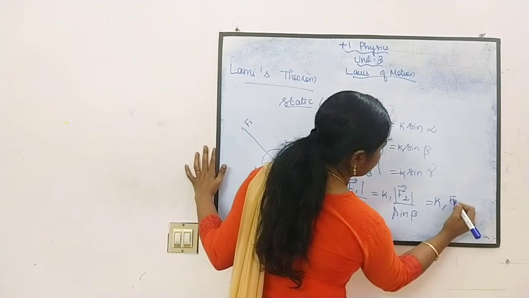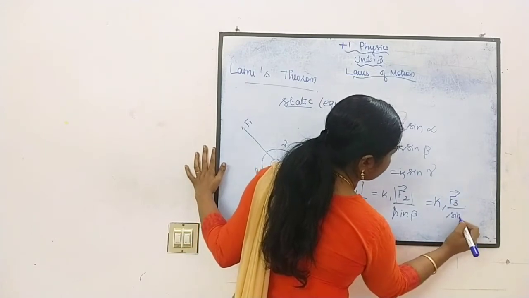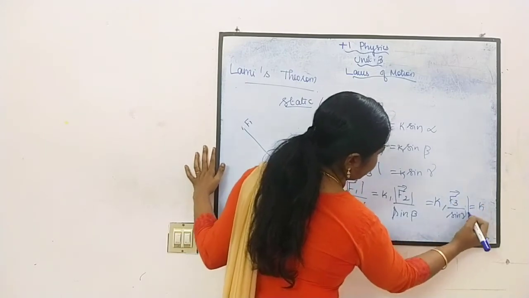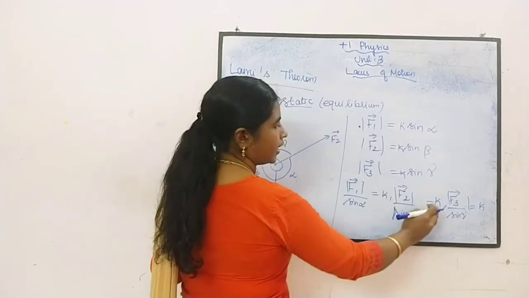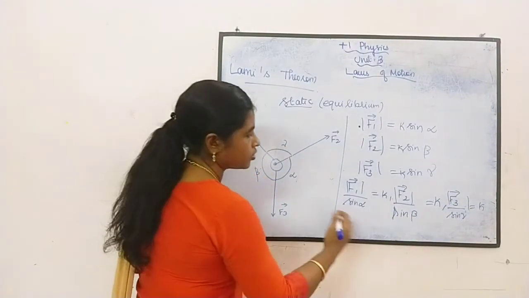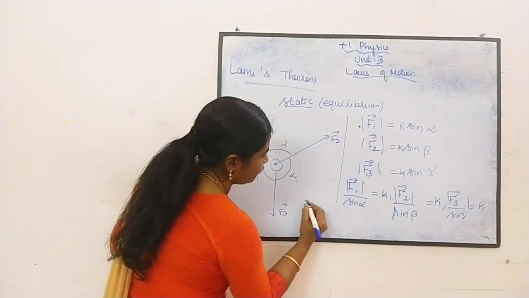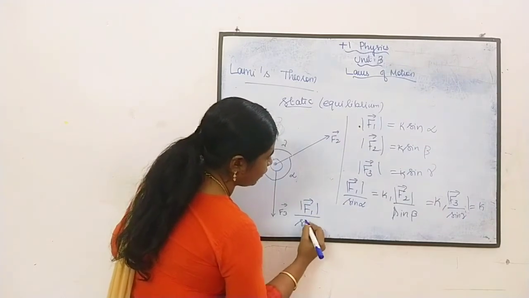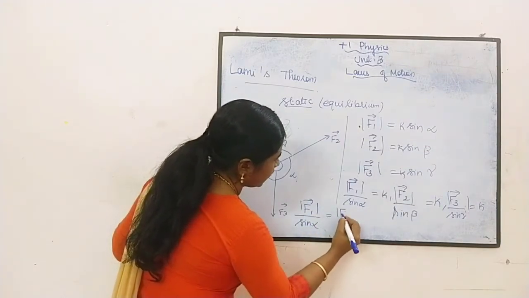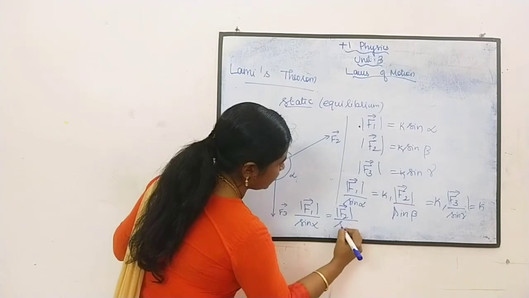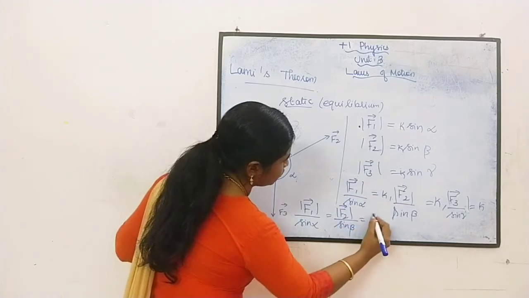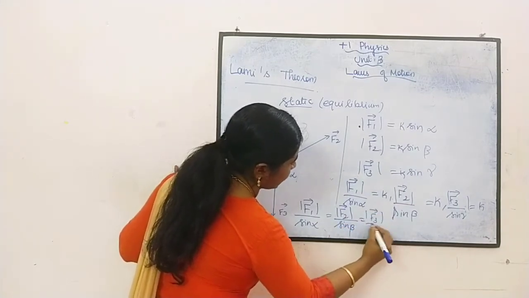Similarly F3 by sine gamma is equal to k. So all these values are equal, constant. So I can write it like this: F1 by sine alpha is equal to F2 by sine beta is equal to F3 by sine gamma.